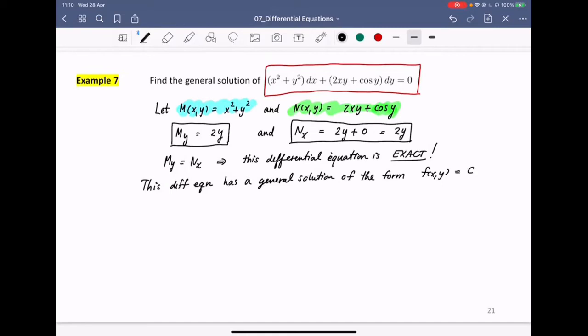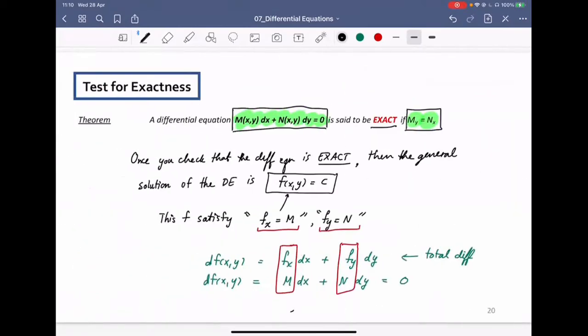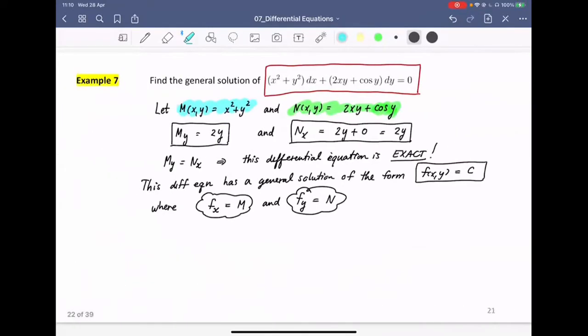So you know immediately that if this differential equation is exact, the solution will be in the form that function f equals c, where you can find your function f by this: if you differentiate that function with respect to x, you get M. And if you differentiate that function with respect to y, you get N. Well, this comes from the thing that I highlighted here in light blue. So this is the first step for an exact differential equation.